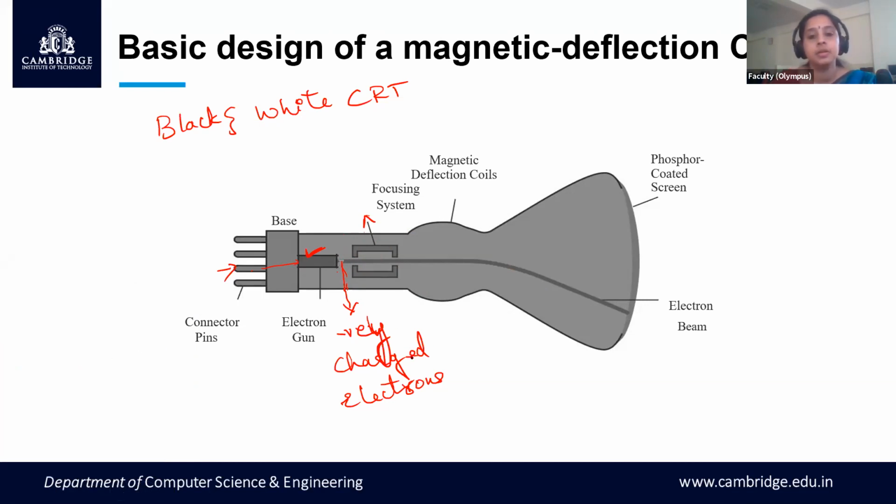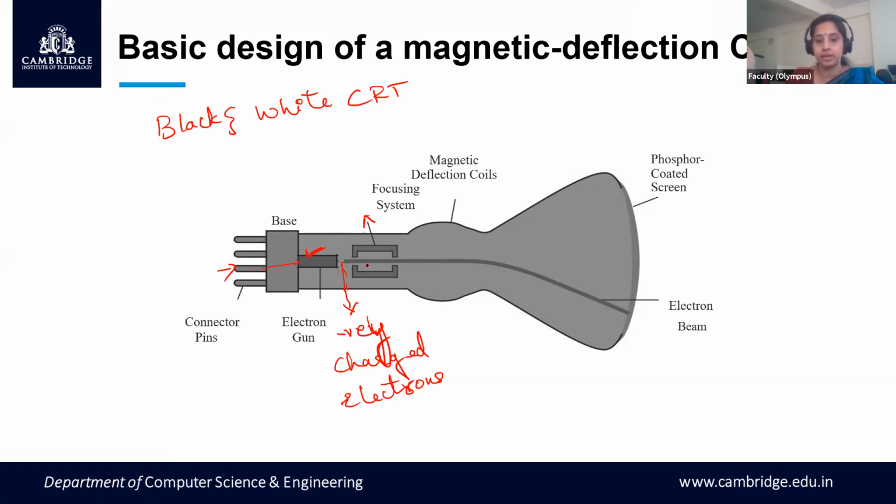As this spreads completely, I cannot produce intensity. So I am putting all the electrons together. I'm focusing them. I'm giving them a path.